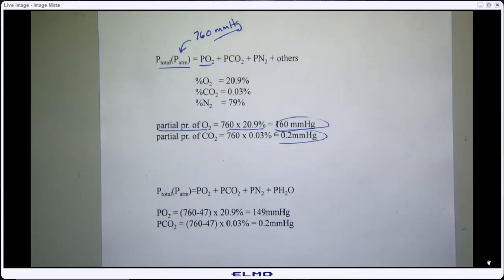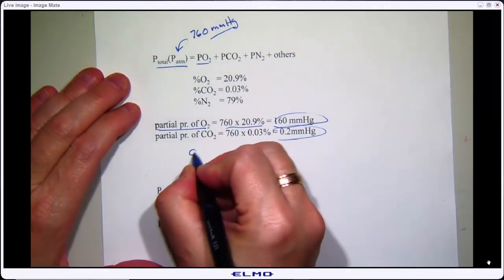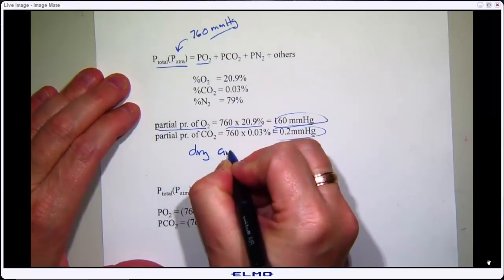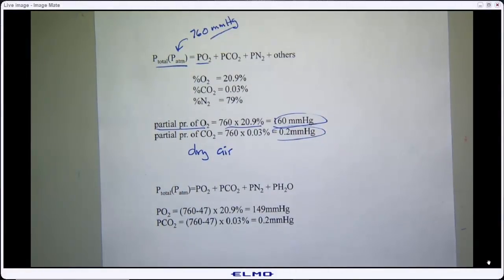We're really going to talk about that as 0, pretty close to nothing. So this is the air around us right now, dry air. It's not hydrated yet. If you were breathing this air in, the dry air being brought in at the mouth would have 160 millimeters of mercury oxygen and about 0 millimeters of mercury CO2.